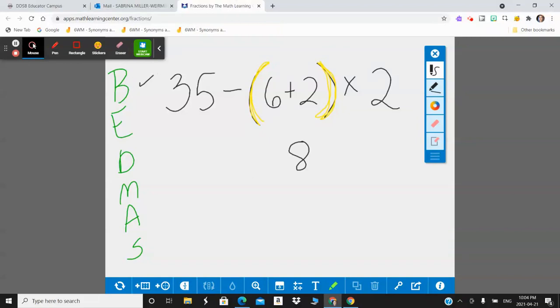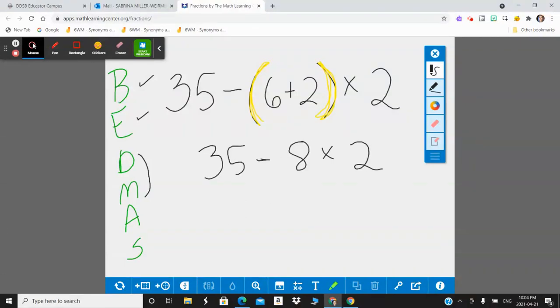So I've done my brackets, and go to my right, it's 8 times 2. And look at my left, 35. So I've rewritten the expression, and this way it's showing me every step that I'm taking. So I've done my brackets. I look, there are no more brackets. There are no exponents. So now I know I can divide and multiply in any order, meaning if multiplication is first, I can do that working from left to right.